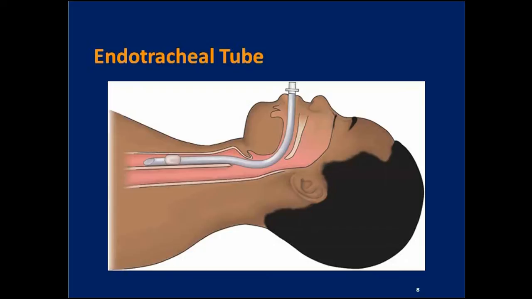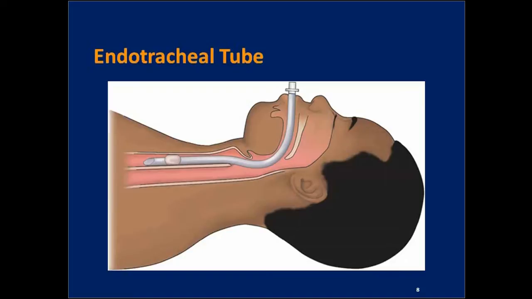Another verification tool that you will see used a lot of times in the hospital is a CO2 detector. They'll put that on the end of the ET tube once it's been placed, and this is an initial placement. We're talking about placement verification.